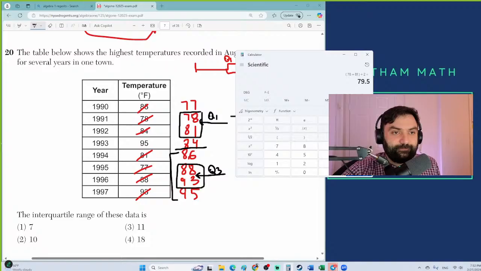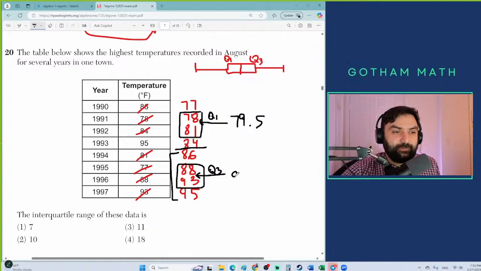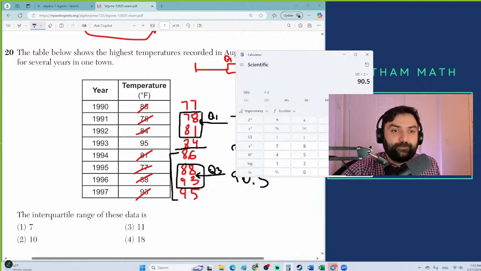And 88 plus 93 divided by 2 is 90.5. So the interquartile range is Q3 minus Q1. Let's see, we're going to do 90.5 minus 79.5.